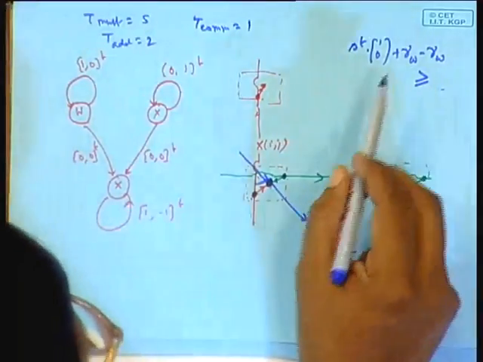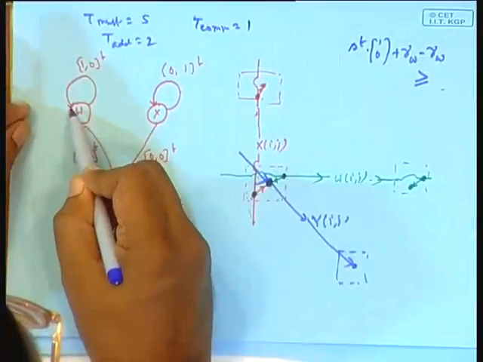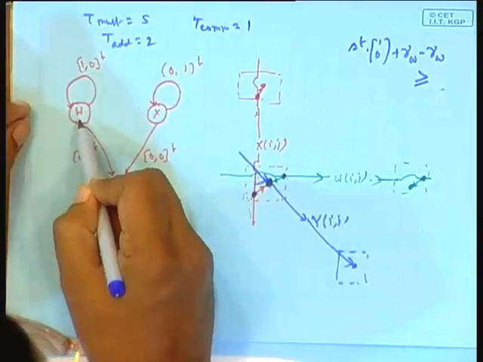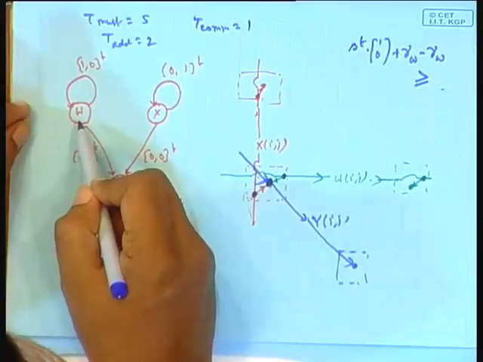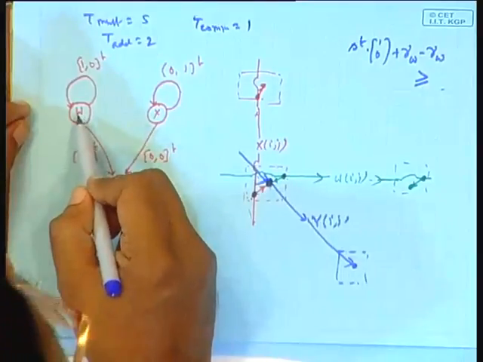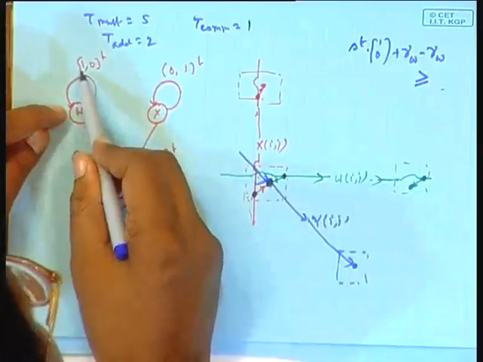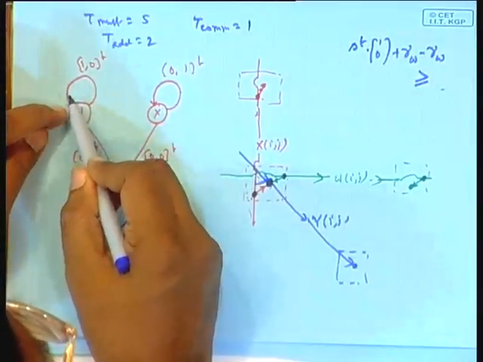Okay. So, now come to this, under this there is only T com here, because in this node there is no processing, no add, no mult. There is only propagation time, that is 1.